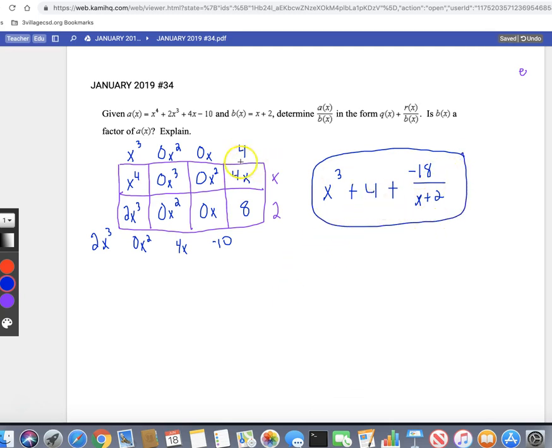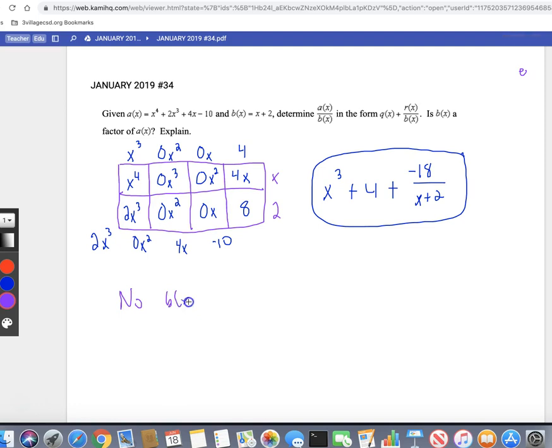Now, the second part of the problem is, is b of x a factor of a of x? Well, remember that when we get a remainder that's not 0, then that means that b of x doesn't divide a of x evenly, and thus it can't be a factor.